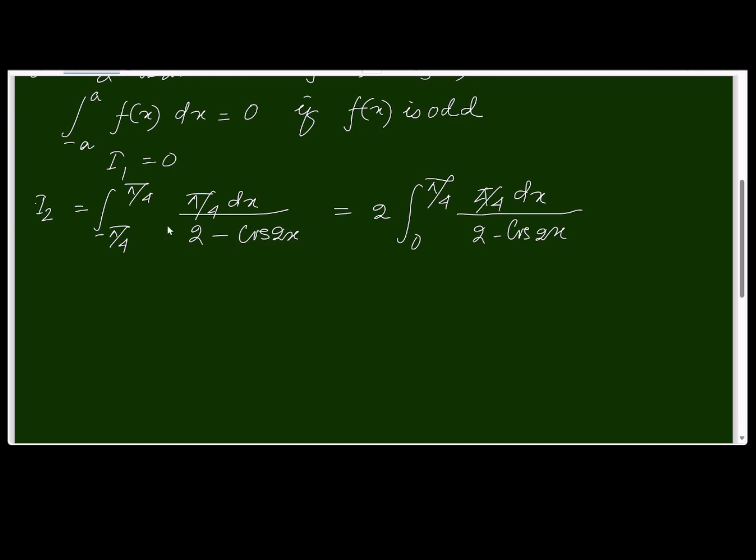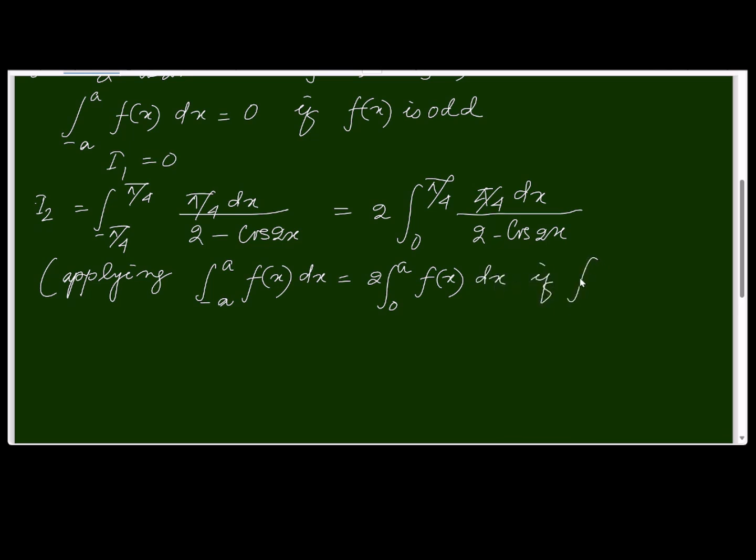What property are we applying? Integration from negative a to positive a of f(x) dx is the same as 2 times the integral from 0 to a of f(x) dx if f(x) is an even function.